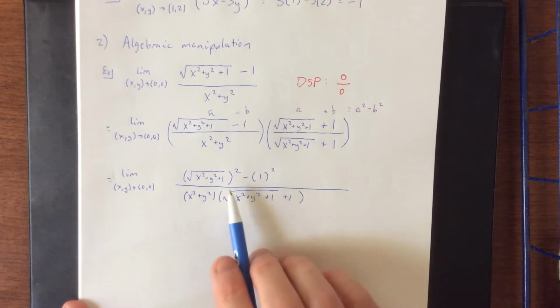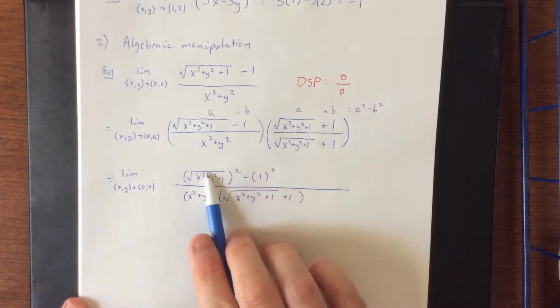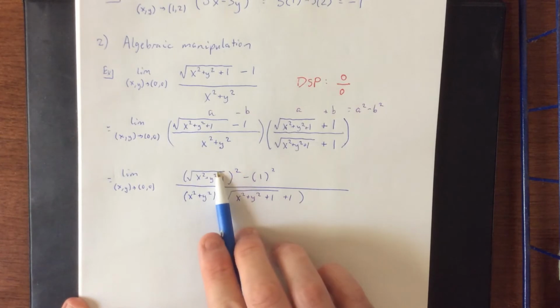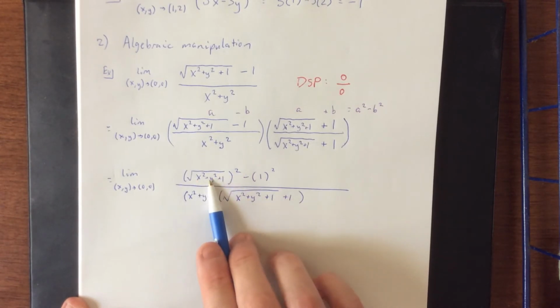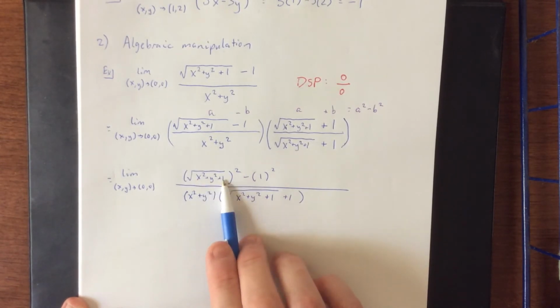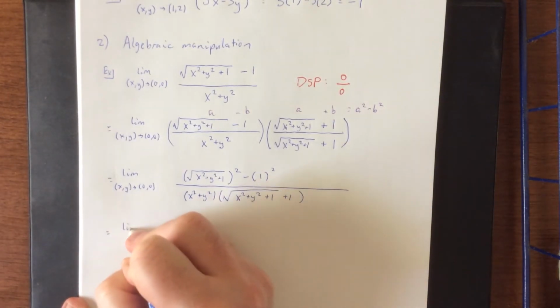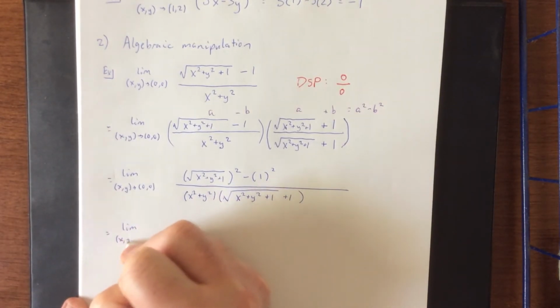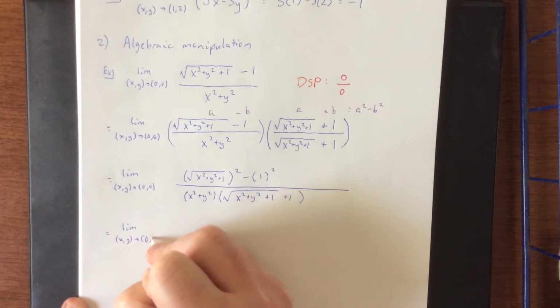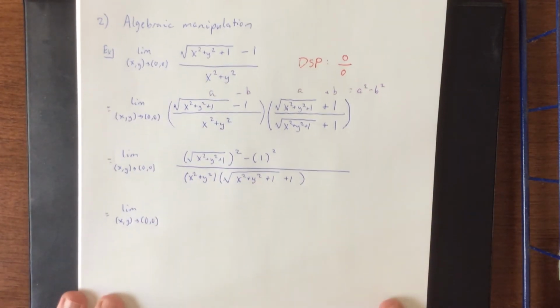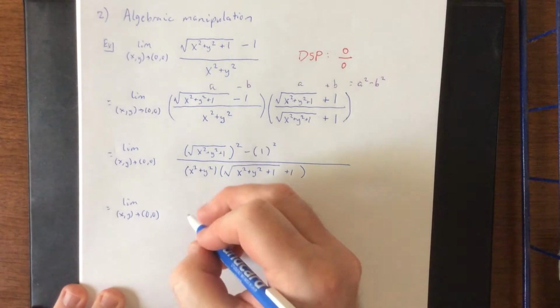The good news is, up in the numerator, once we square the radical, the square and the radical will cancel. We'll be left with x squared plus y squared plus 1 minus 1. So what I'm going to do is simplify that numerator through those two steps. Those two steps being cancel the radical and combine like terms.